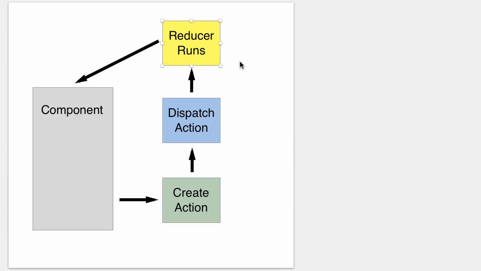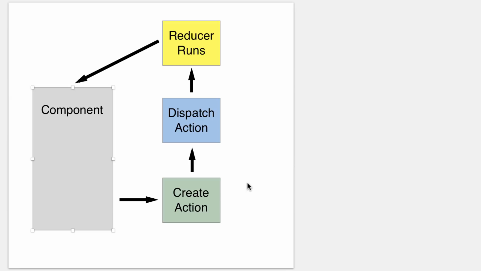That's here, and that's going to change the state, and that will then update the component. So we've got this one-way flow, and if we hit the increment button again, it's going to create an action, we'll dispatch the action, Redux will run its reducer, and then the component will re-render. Right? This is the flow we're ultimately going for.